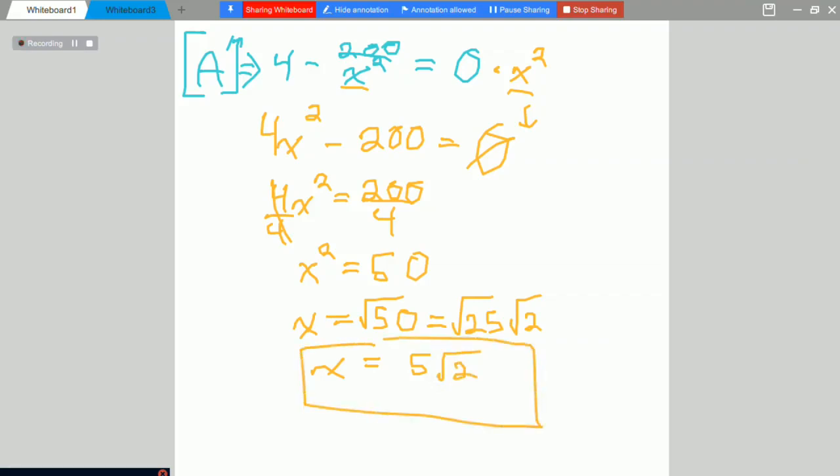That part is probably very tricky, but x is equal to 5 radical 2, and that was all from what we knew before. So this is one of our critical points.